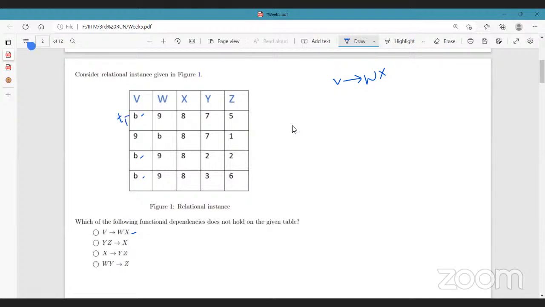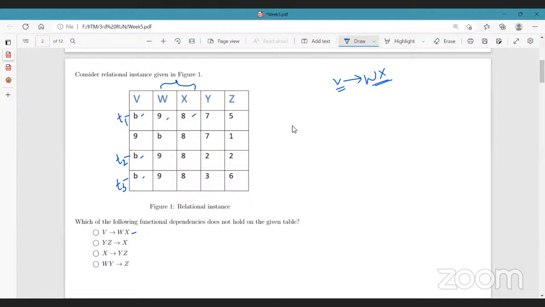So this is tuple 1, this is tuple 2 and this is tuple 3. In the V attribute, tuple 1, tuple 2 and tuple 3 are matching, right? So we need to check whether in WX also tuple 1, tuple 2 and tuple 3 match or not. W and X we'll consider as a set of attributes.